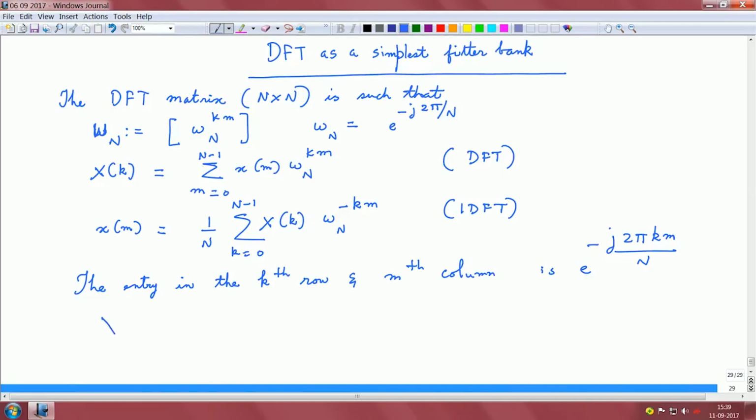Now X is W times x. I will just ignore this subscript. Okay, so you can link the time domain samples here.